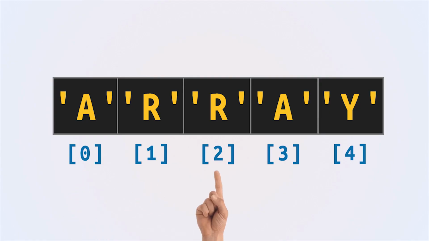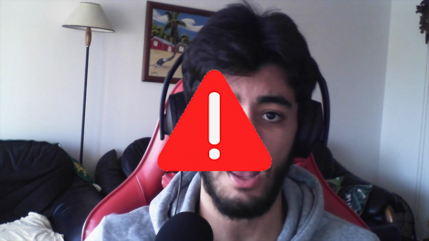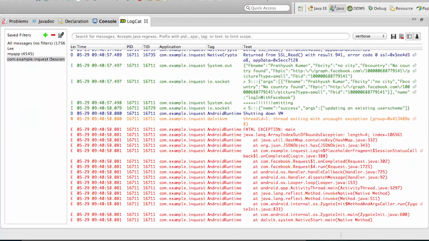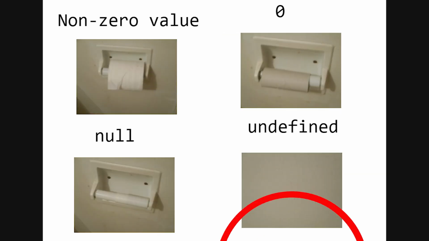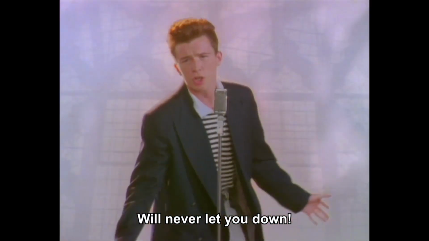Another thing that's really related to the automatic indexing is that you are not going to get those out of bound index errors, where you try to access elements that do not exist. With the help of the forEach, this will never happen. The forEach never gonna let you down.